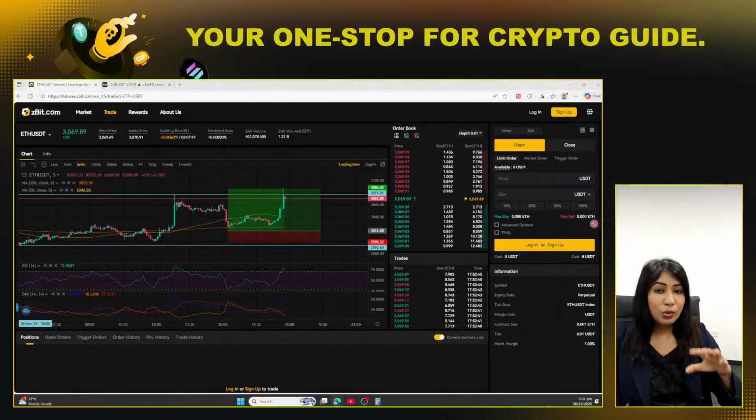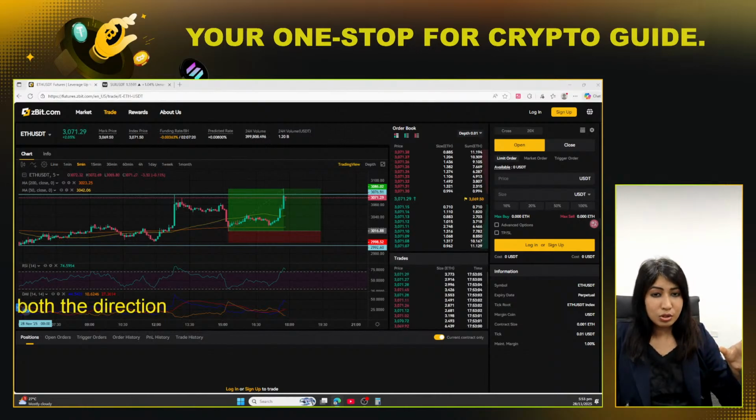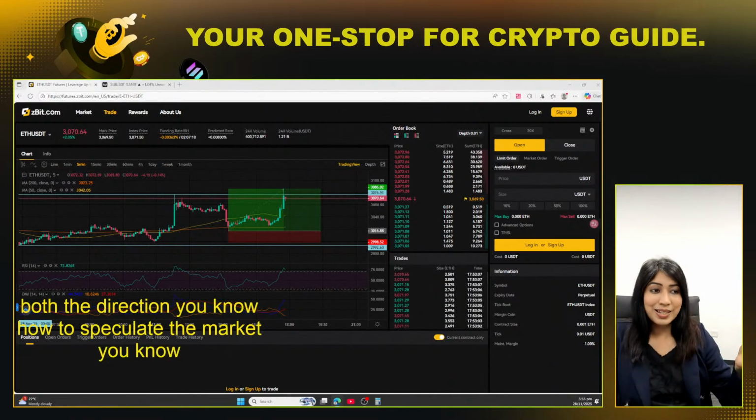Spot only works when you buy and have units in your account, then you can sell. Selling is your choice, even after 100 years. But in futures, whether you hold any unit or not, you can trade in both directions. You know how to speculate and analyze the market.